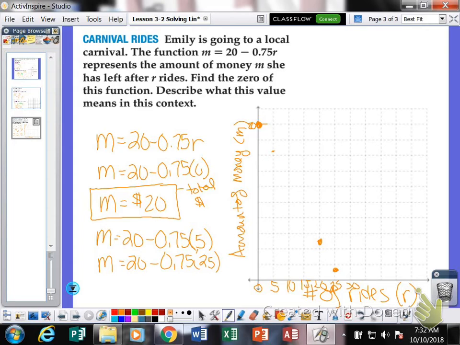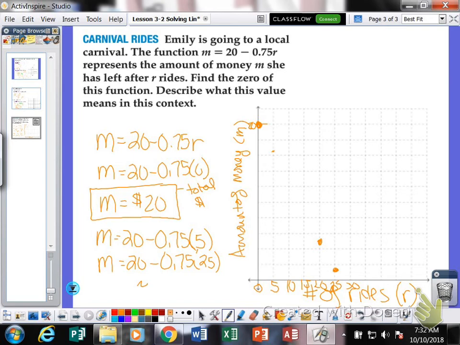So if I type in 0.75 times 26, that is 19.50. So then I'd have 50 cents left over. So then I could keep getting a little bit closer. So 0.75 times 27 is 20.25. I went over.